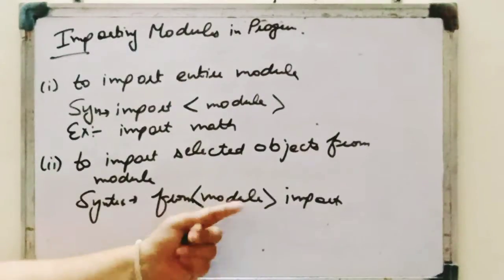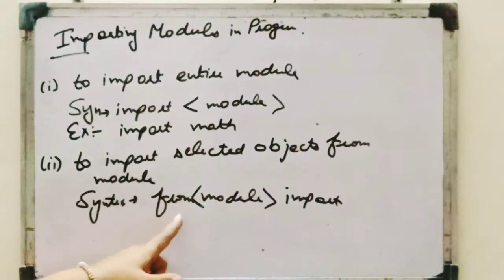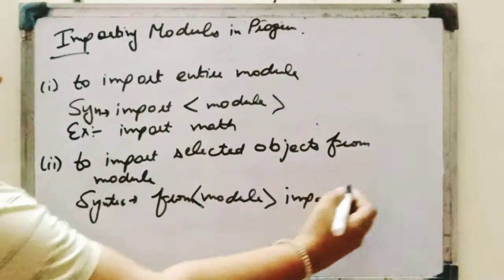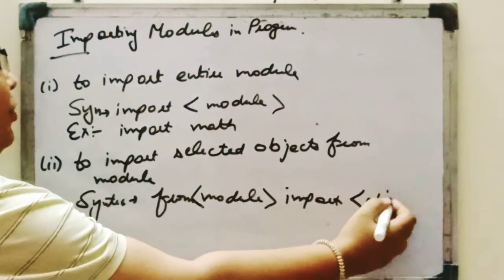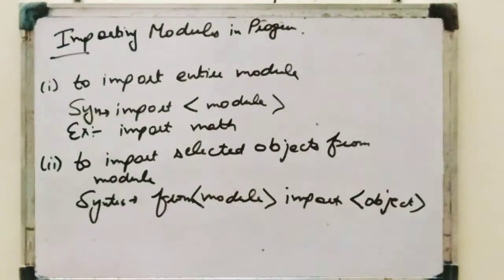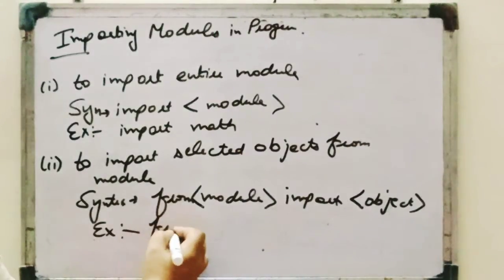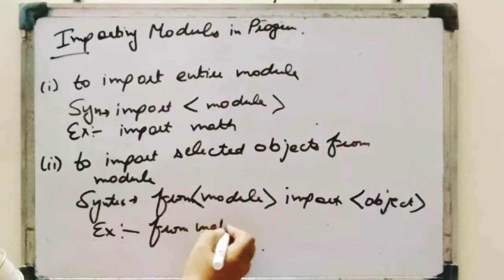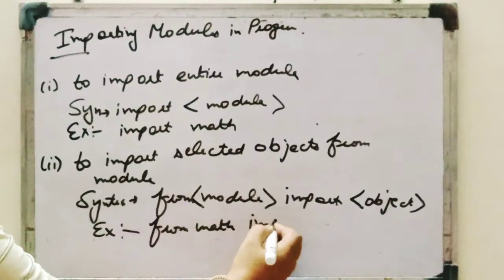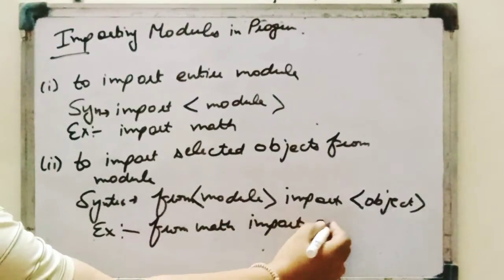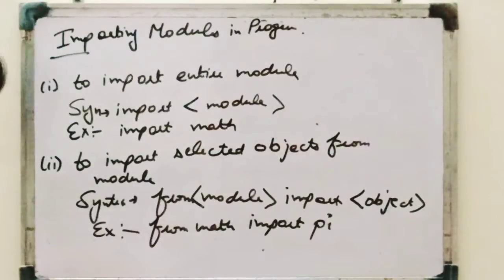Suppose you want it from math, so what will you write? From math import, then whichever function you want to import, you write here. Okay, I will give you one example. Suppose you want pi only from the math module, how can you write it? From math import pi. So these are the two methods to import modules in the Python library.